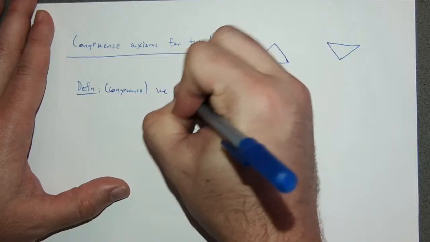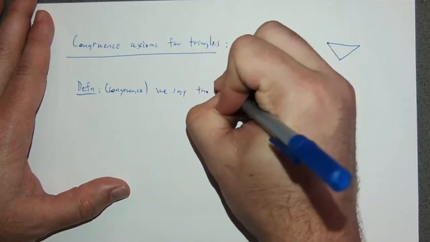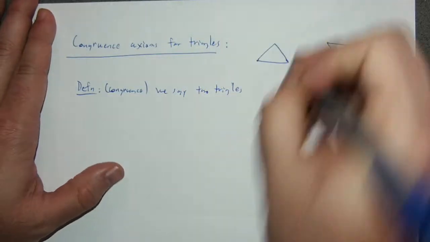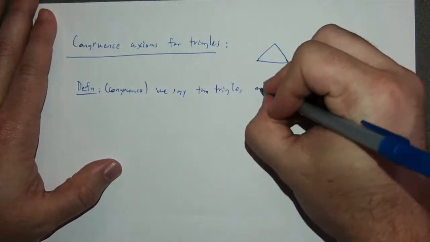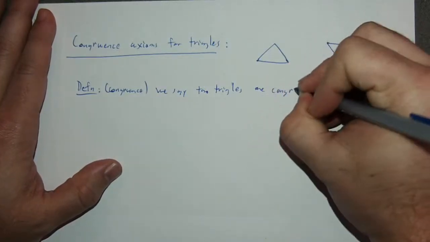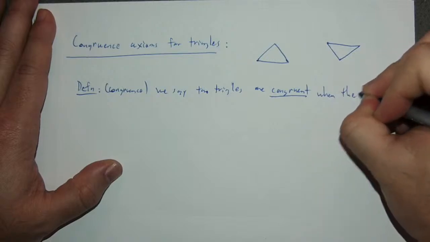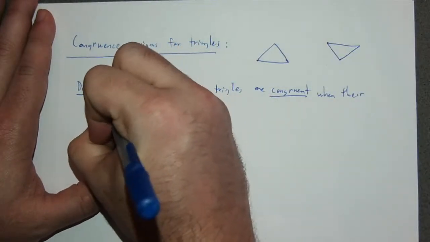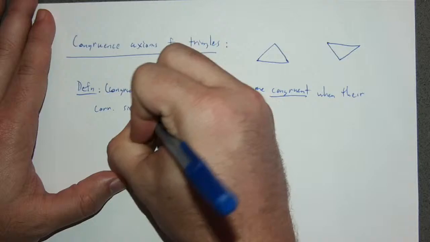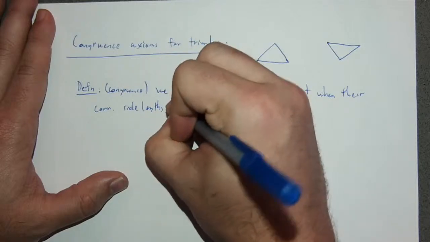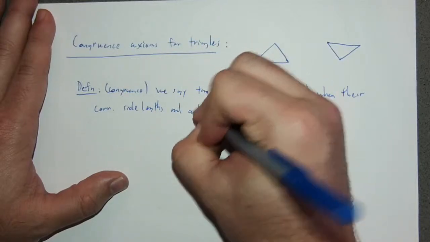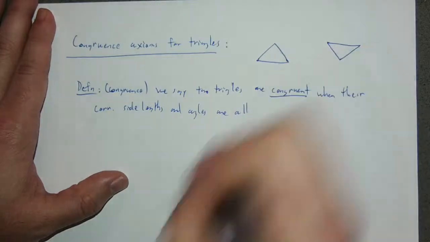So we say two triangles are congruent when their corresponding side lengths and angles are all equal.